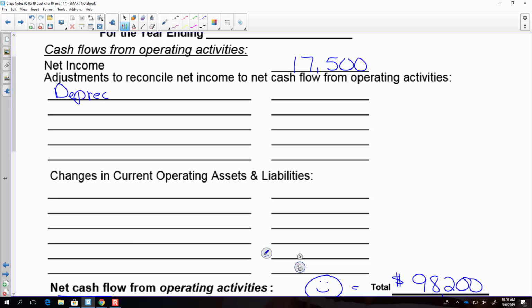Okay. Yeah, that's always a given. So we want to add that, right? Okay. There's another one that we can add back. It's called amortization. Very good.